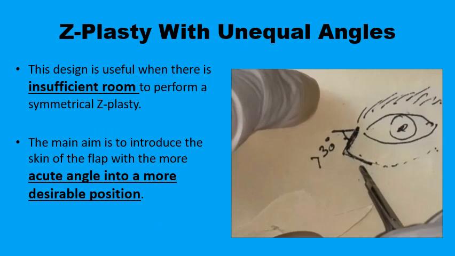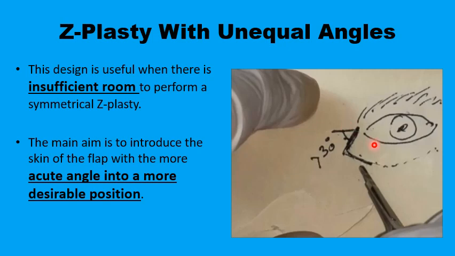So there will be situations like this one when you have a contracted scar quite close to the eye and affecting the eyelids. And if you want to place one of the limbs of the Z-plasty in a relaxed skin tension line, it may not be possible to place the other limb in another relaxed skin tension line in this situation.